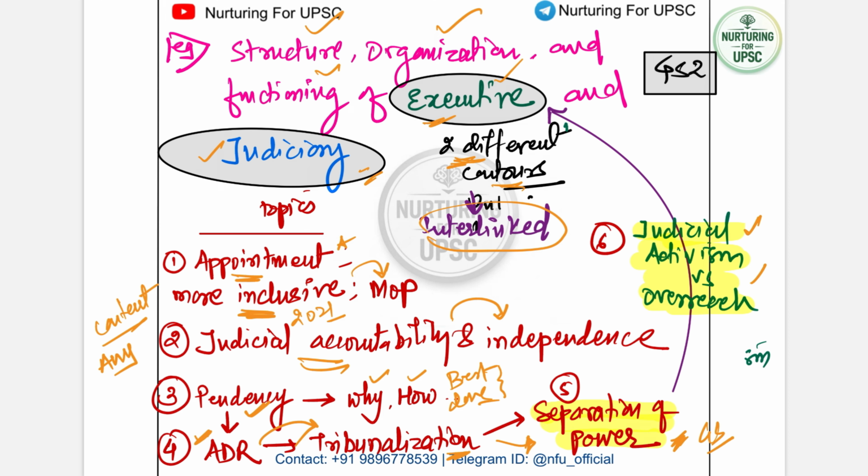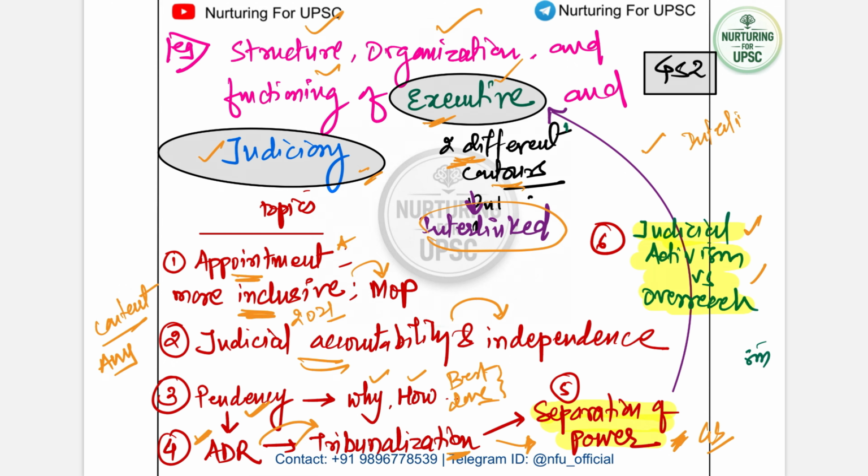In turn, this leads to the structure, organization, and functioning of the executive. So I hope you got the gist whereby I started from the judiciary and interlinked different, very probable PYQ based topics, to arrive at a concise mind map or graph of things whereby interlinkages are established.